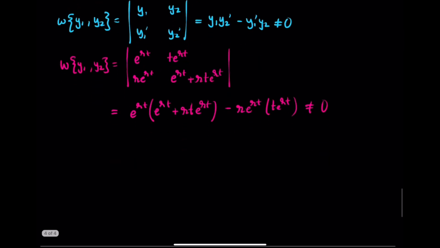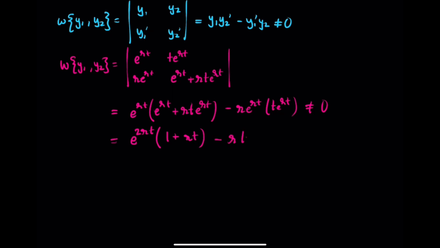And if we simplify this, if we bring the e's out, then that will be e to the 2rt times 1 plus rt, minus rt e to the 2rt, does not equal 0.